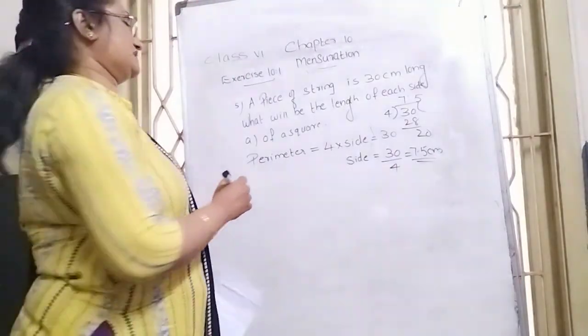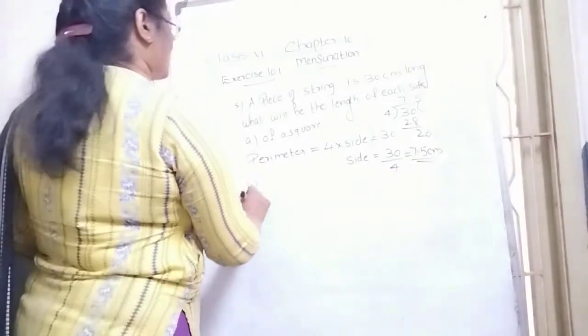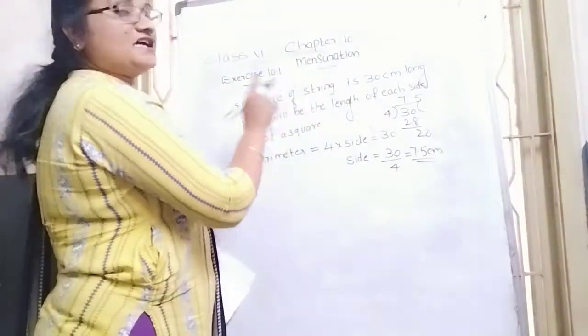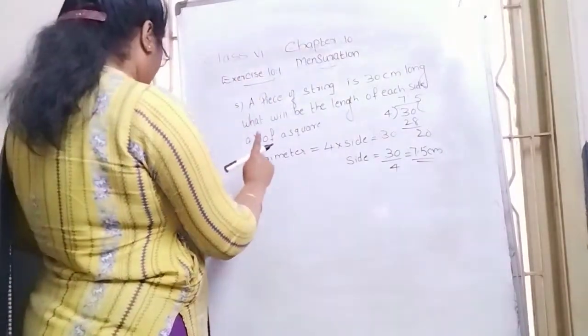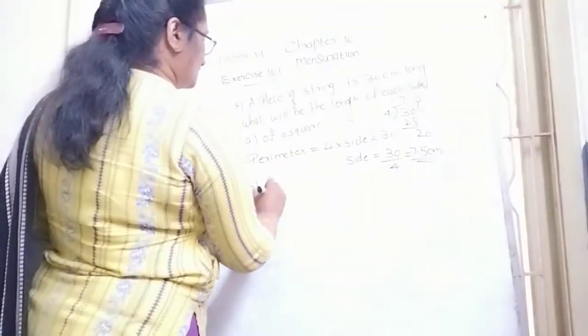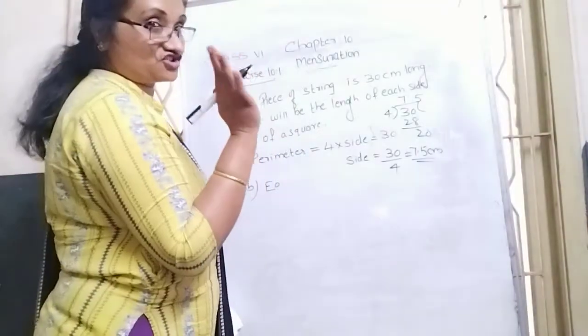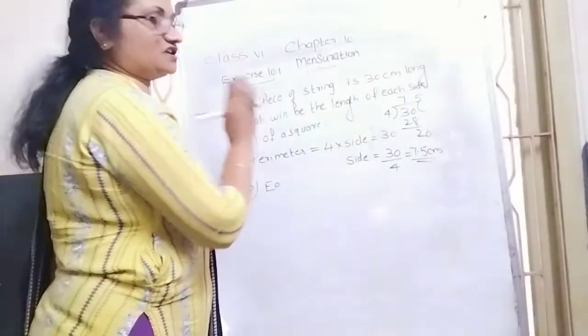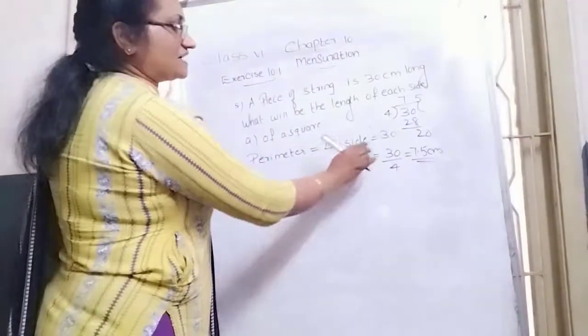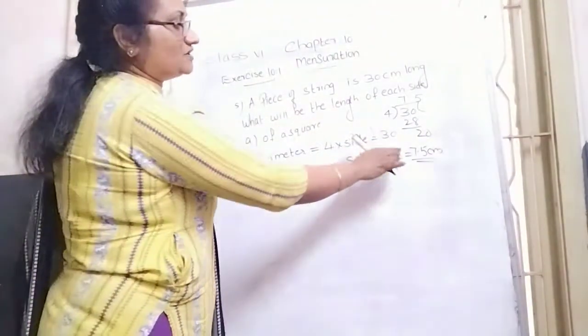Then next, B question, same way. Piece of a string, no change, is 30 centimeter long. I already said 3 shapes are given and they ask the side of those 3 shapes. First is the square case, so one side of the square shape becomes 7.5.